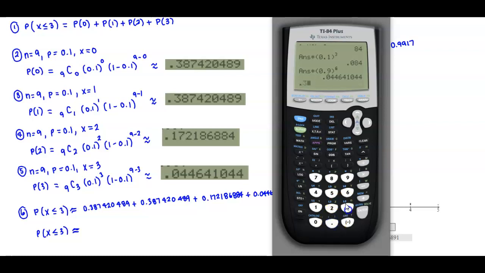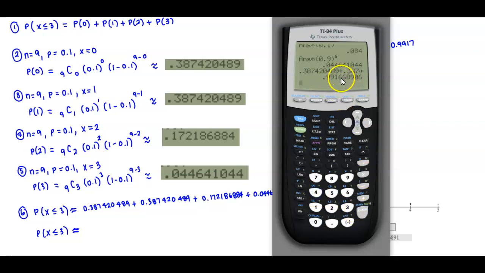So 0.387420489 plus 0.387420489 plus 0.172186884 plus 0.04464144 gives 0.99164... and now we round it to 4 decimal places.